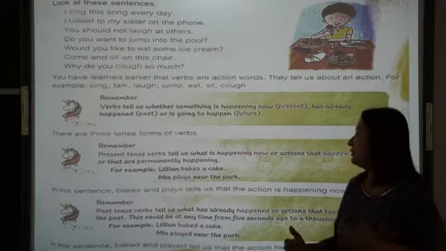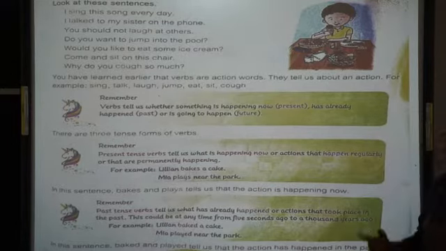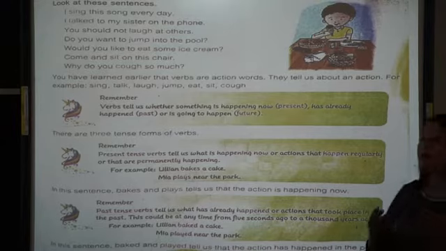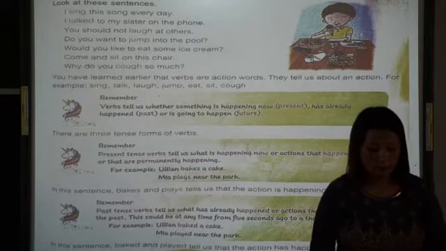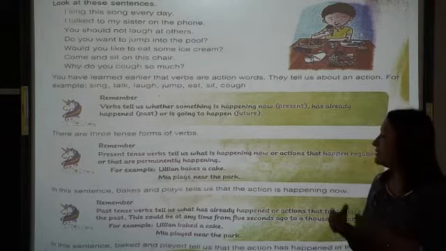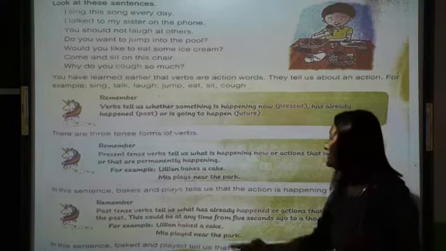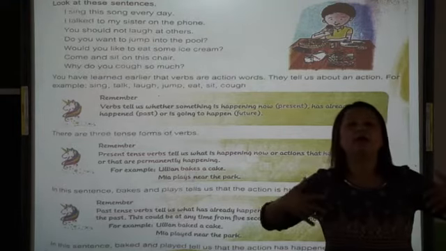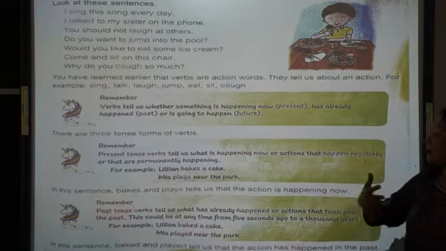For example, Lillian bakes a cake. Mia plays near the park. In these sentences, bakes and plays tell us that the action is happening now. So what is Mia doing now?